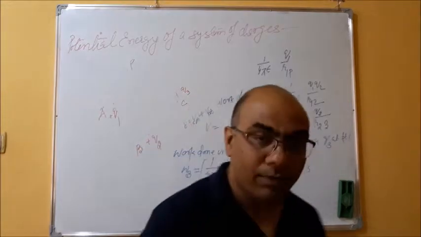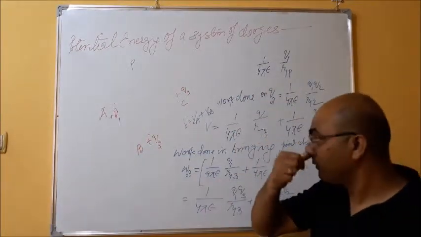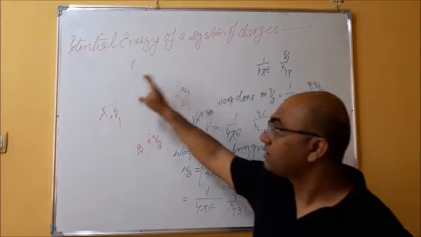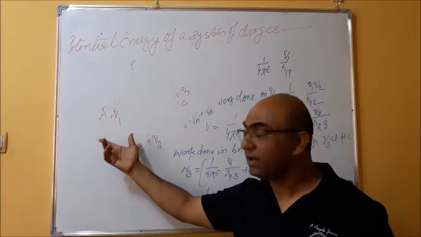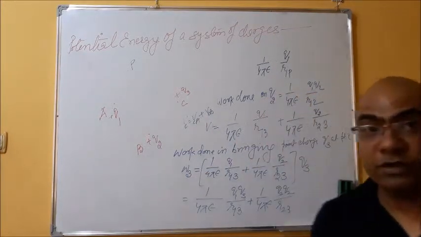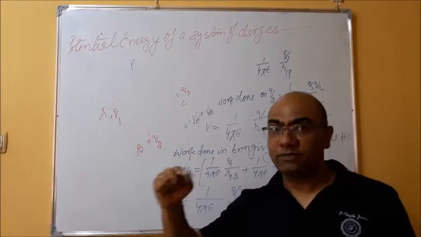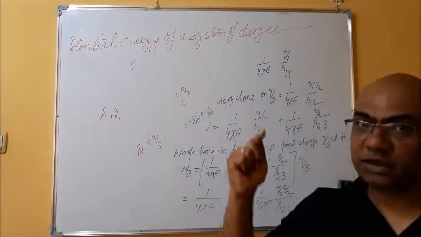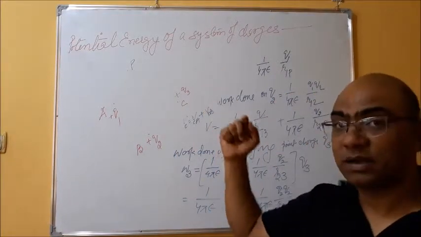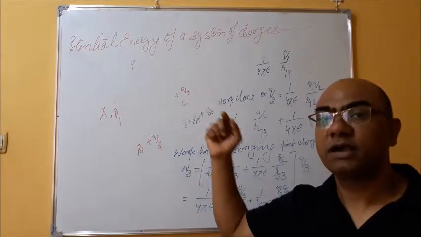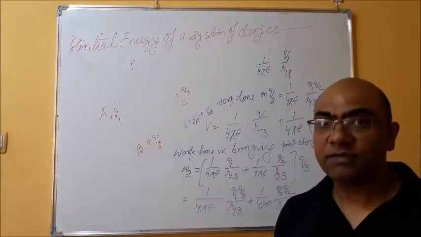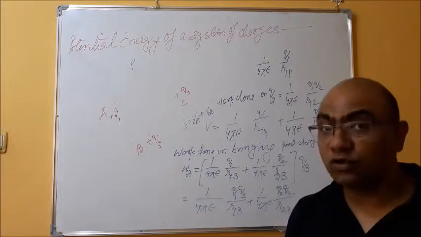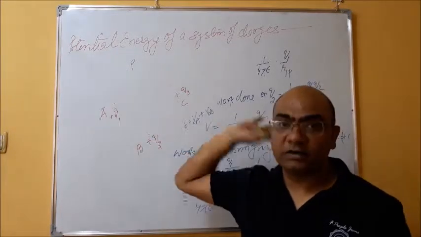Okay, so I'm reviewing what we have done. I'm saying that for making this assembly, making this system, what we will do step by step. First, we will bring the charge particle Q1, then charge particle Q2, then charge particle Q3. First, when we are bringing the charge particle Q1, there is no electric field.